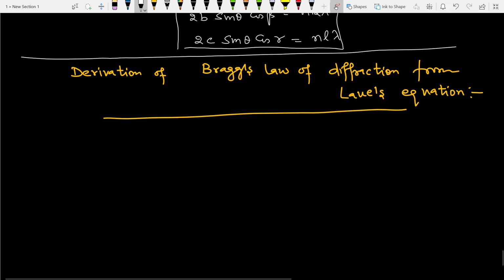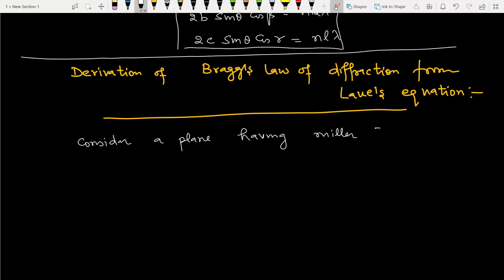As we have considered a family of parallel planes, consider a plane having Miller indices HKL.